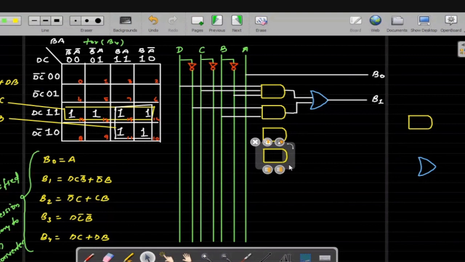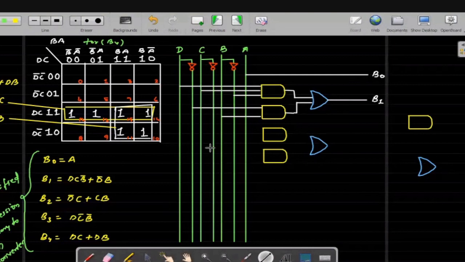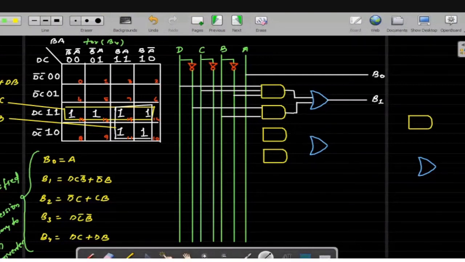Okay. So now tell me, in the first AND gate, what will be the input? D bar, D bar. So this is my D bar, this is D bar, and this is C. We'll take it from here.